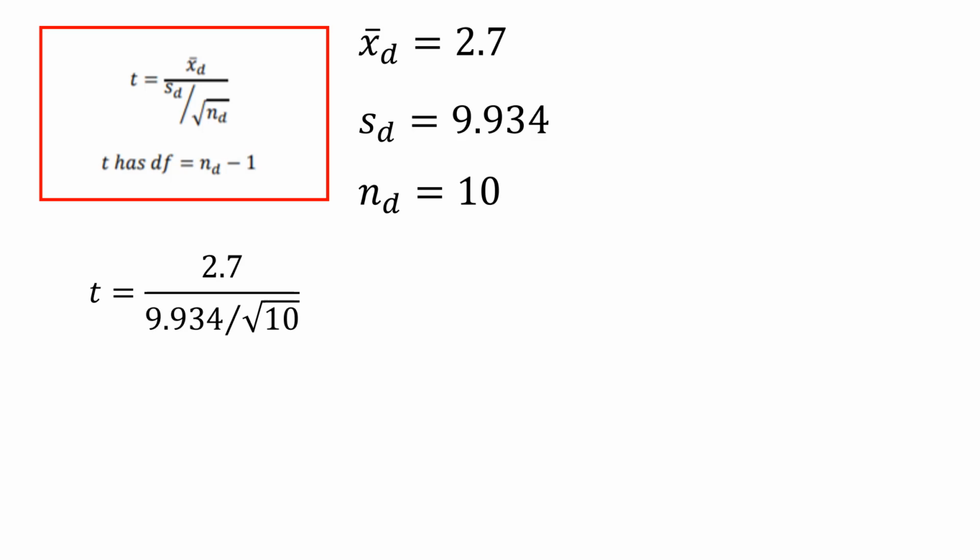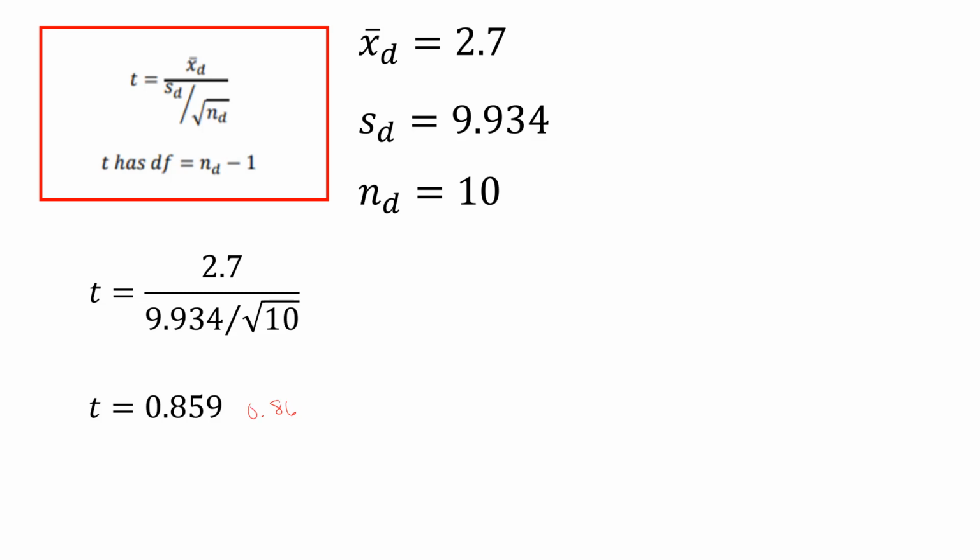So I have 2.7 divided by 9.934 over the square root of 10. And when I put that into my calculator, I get t is equal to 0.869. And in Wiley Plus, this one tells you to round to 2 decimal places. So if you're doing that, you would get 0.86 for your 2 decimal places.